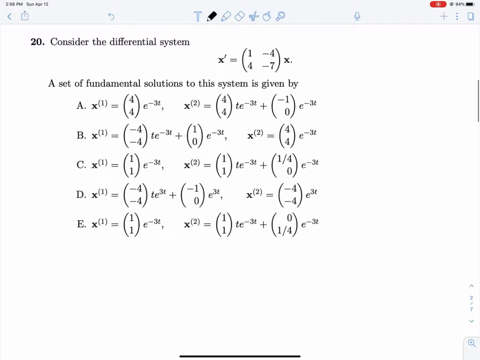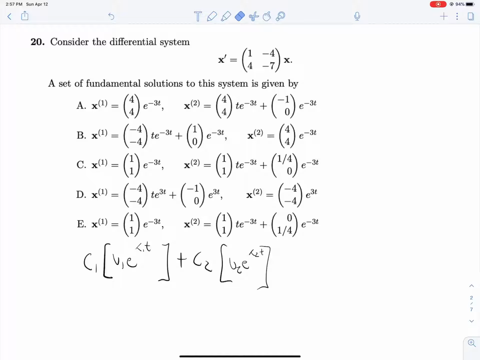Continuing on with number 20, we're considering this differential system, which is just another x prime equals Ax, and we're finding the set of fundamental solutions. So that will be our C1 times our first fundamental solution plus C2 times our second fundamental solution, where in here we have our v1 e to the lambda 1 t, v2 e to the lambda 2 t.